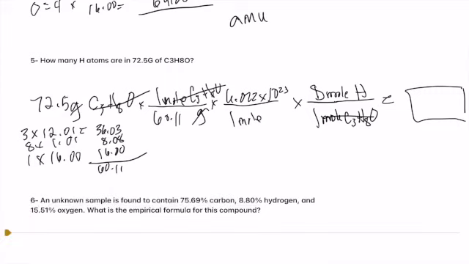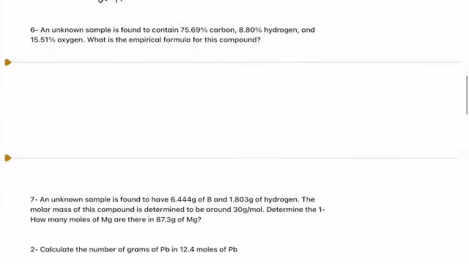Moving on to 6. An unknown sample is found to contain 75.69% carbon, 8.80% hydrogen, and 15.51% oxygen. What is the empirical formula for the compound? So we can assume here that we have a 100-gram sample.